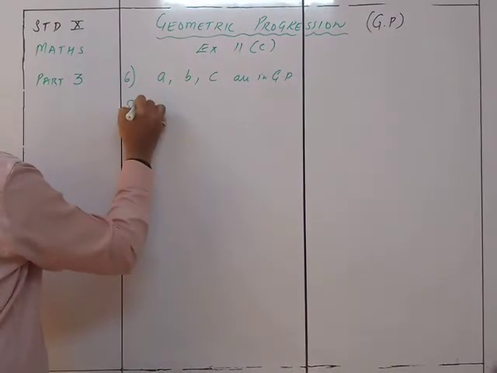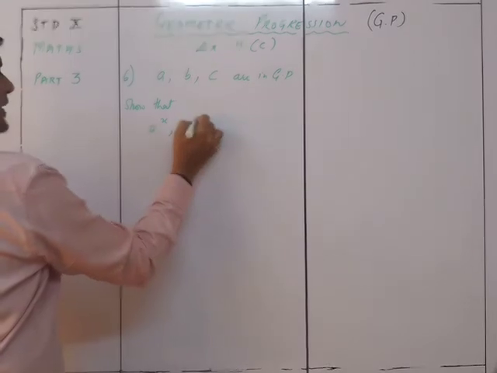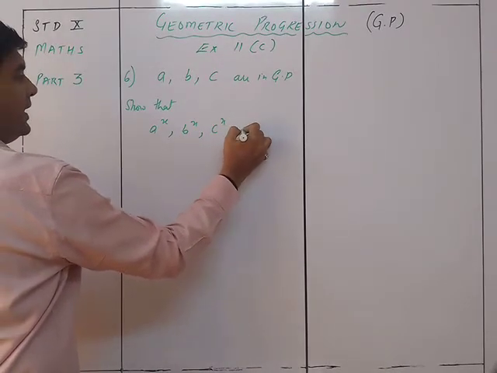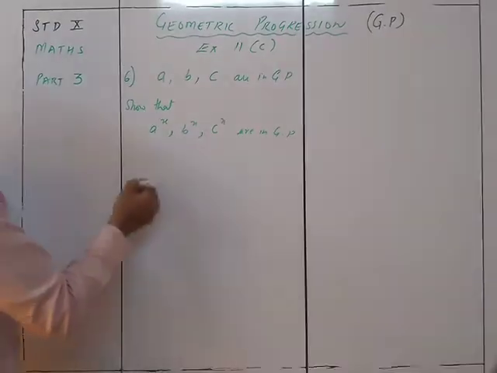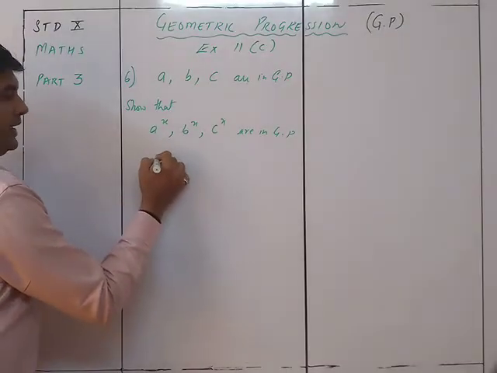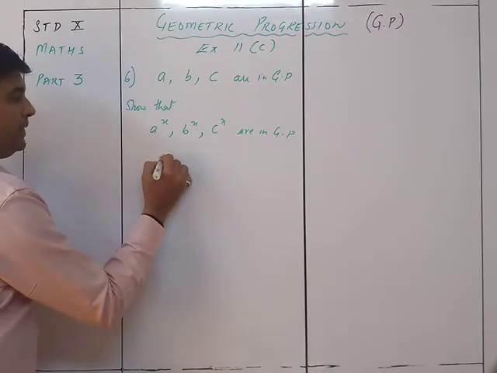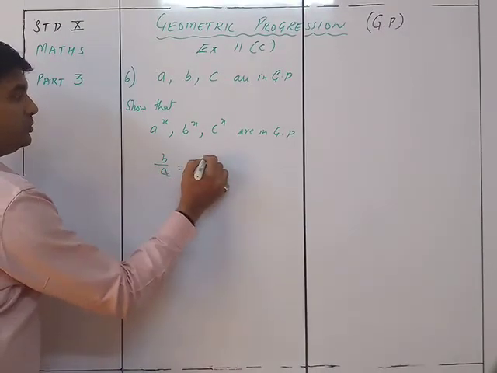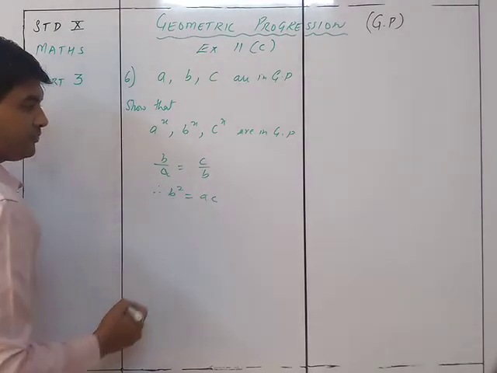You have to show that A raised to x, B raised to x and C raised to x are in GP. So here we know that B upon A is equal to C upon B. Therefore, B square is equal to AC.